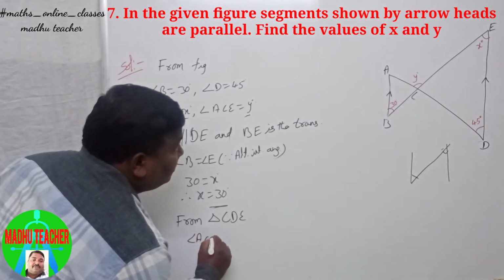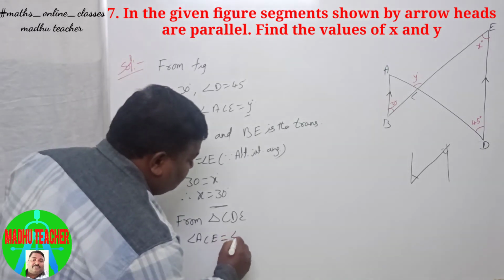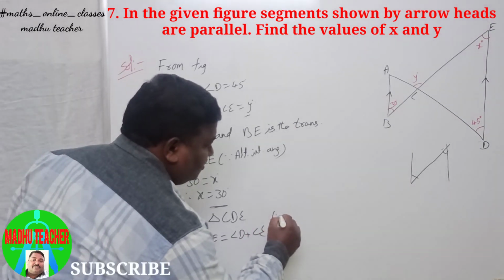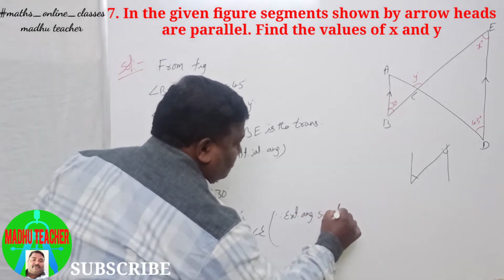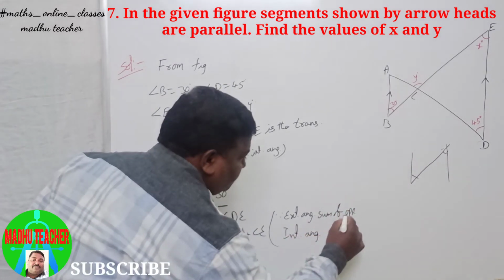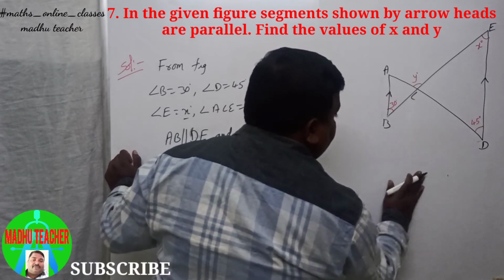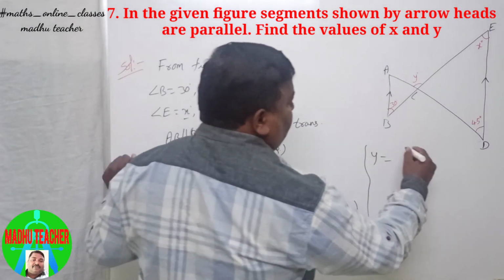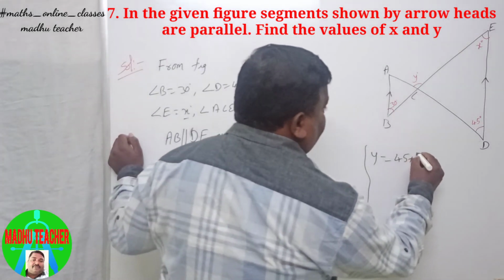Angle ACE, the exterior angle, equals the sum of opposite interior angles, that is angle D plus angle E. So y equals 45 degrees plus x, and x is 30 degrees.